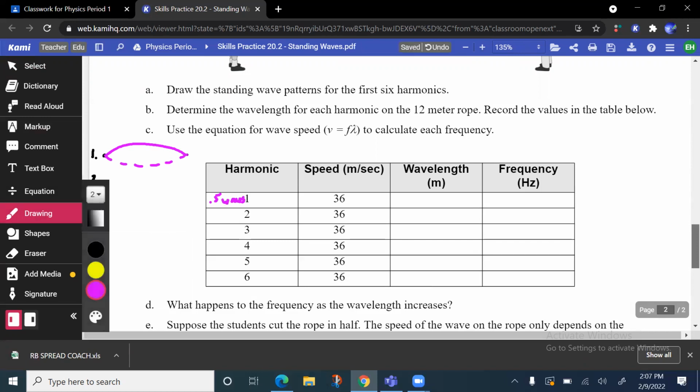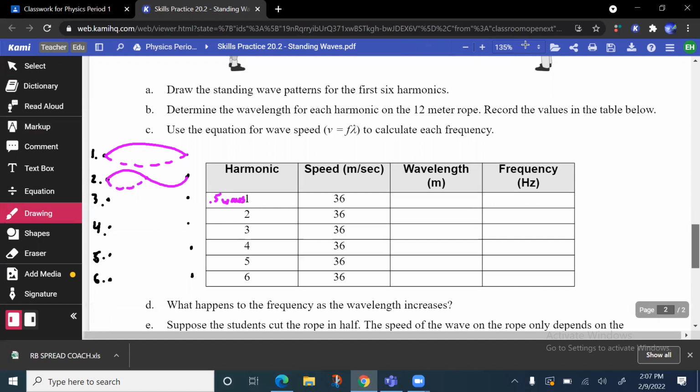Now, for each trial, I'm going to make the 2 dots on the outside the same distance. But for the second trial, we're going to make another dot in the middle, and we're going to go up and down, and then complete the rest of the standing wave as follows.